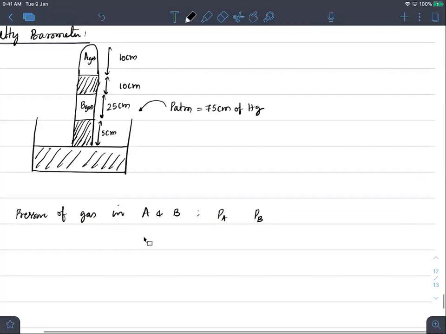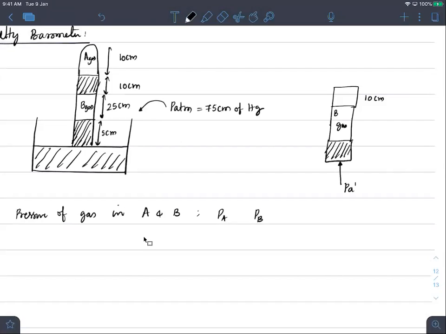Observe this. It just requires a simple technique. Usually we miss out on that. Check out. Here we have a column of 10 centimeters. Then we have a B gas. And then we have another column here. Imagine it's like we've been pushed by atmospheric pressure.